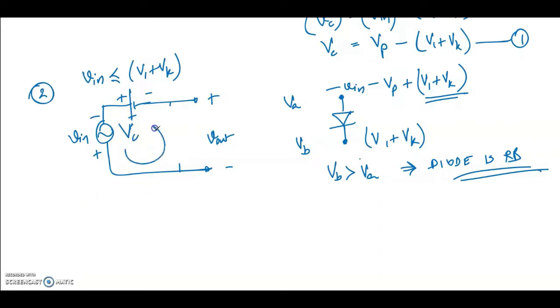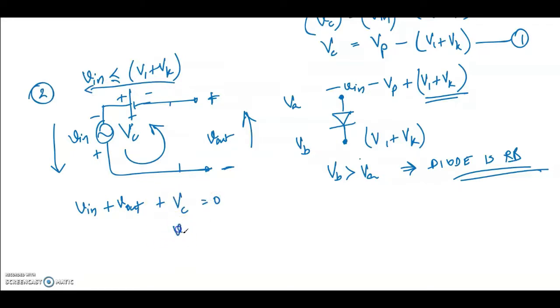I like to write the loop equation from the positive direction, so I've marked it in this direction. So Vin, this goes from minus to plus. The direction of the loop I have taken is going from minus to plus like this. So plus Vout, and from here it goes in this direction, plus Vc equal to 0.